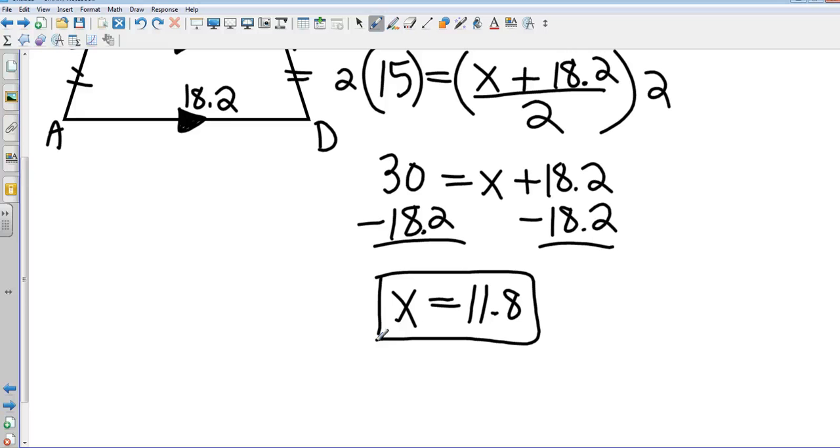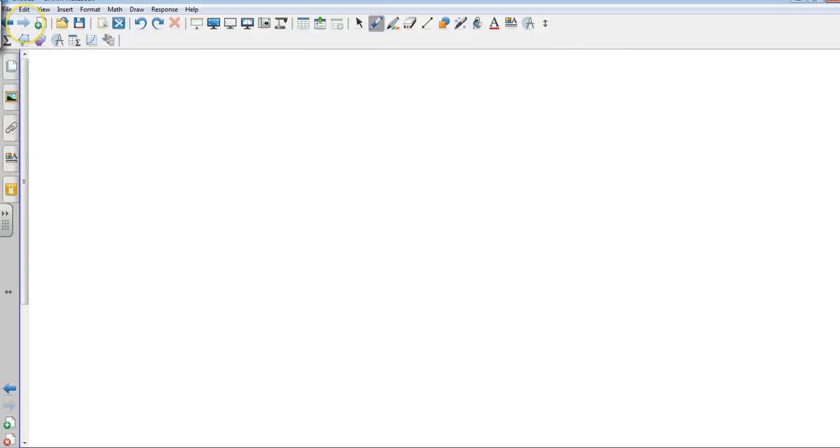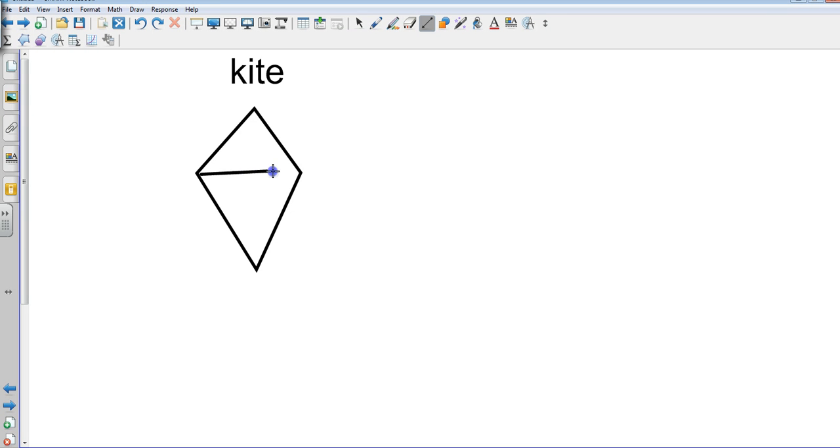So let's go to kites. Okay, if we have a kite, let's look at some of its properties. A kite is going to have diagonals just like any other quadrilateral. My shape is a little bit off, so we'll go with it.